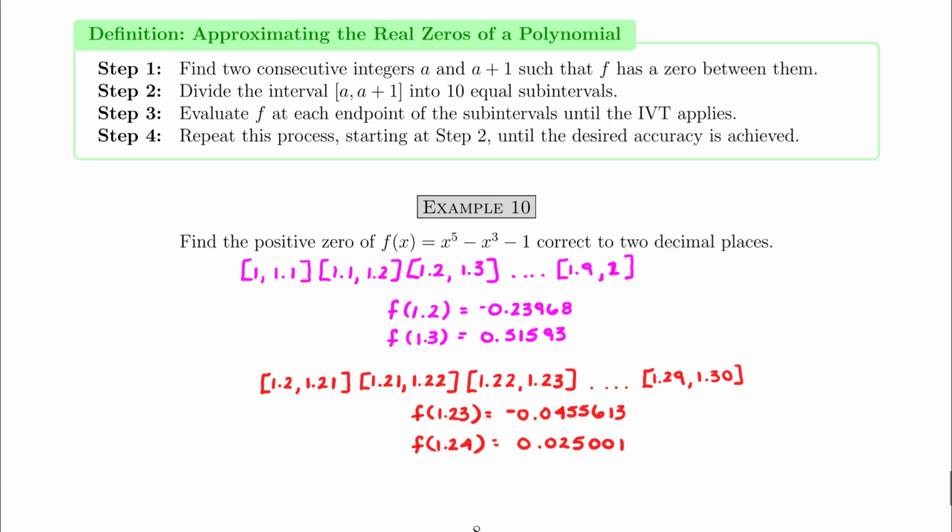So somewhere between 1.23 and 1.24, we have a zero of this function. And we always just look at the lower bound. So we can say with a strong degree of certainty that 1.23 is a zero. I should say an approximate zero of the function.